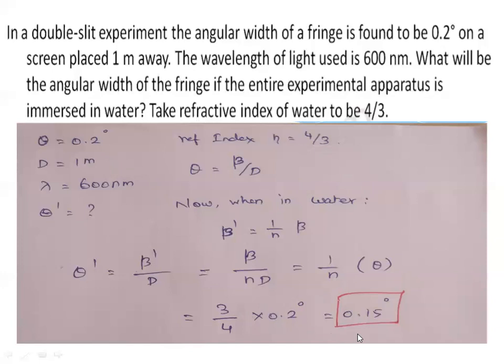So that is the angular width of a fringe when it is immersed in water, that we should understand. I hope you understand. Lots of comparison is happening here, so follow it one by one clearly and you will understand.